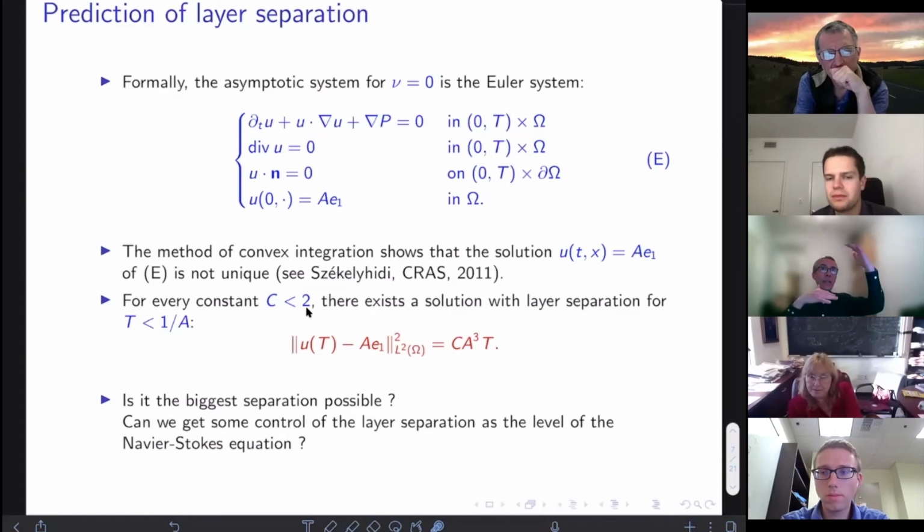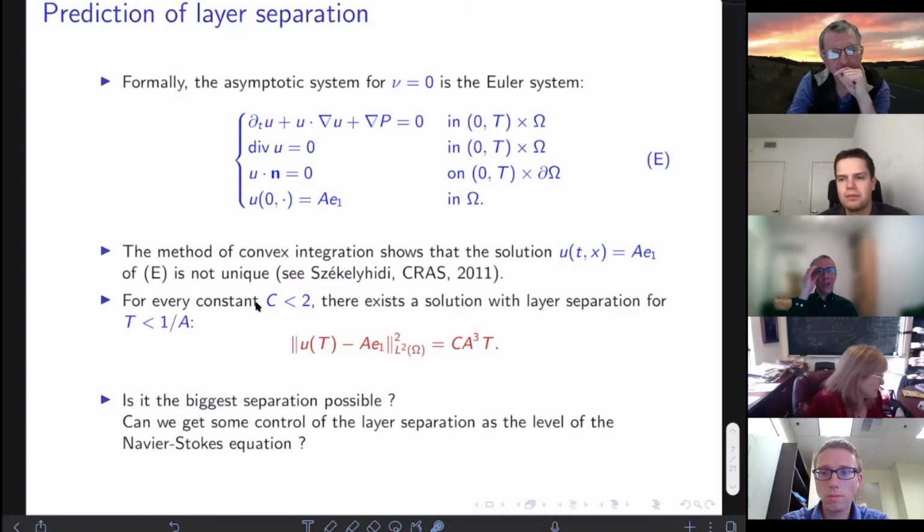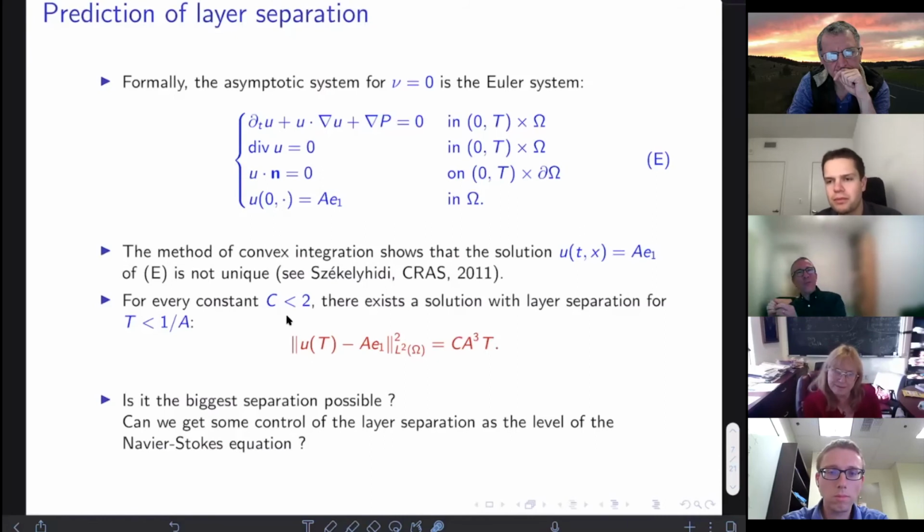I mean, it's just constructing a solution for a certain Burgers equation at the end, right? And for this Burgers equation, well, it's explicit, right? So things are explicit, and they find C is smaller than 2. It doesn't mean that you cannot convex integrate with a bigger C, right? It just means that for convex integration with this specific kind of subsolution, their limit is at 2.